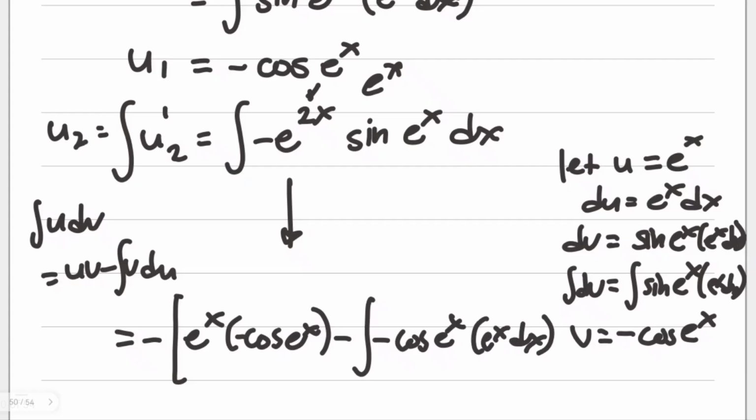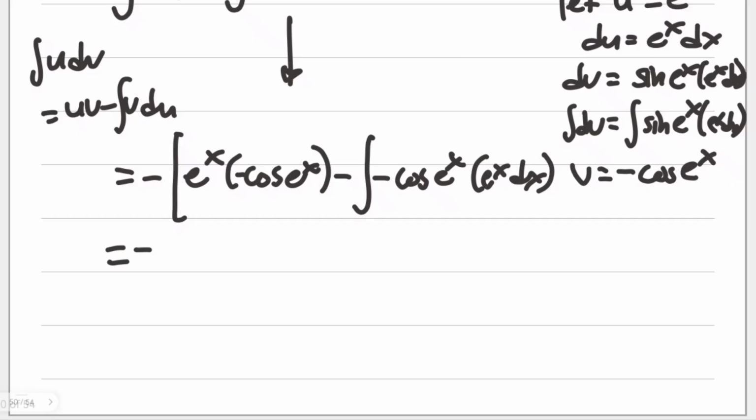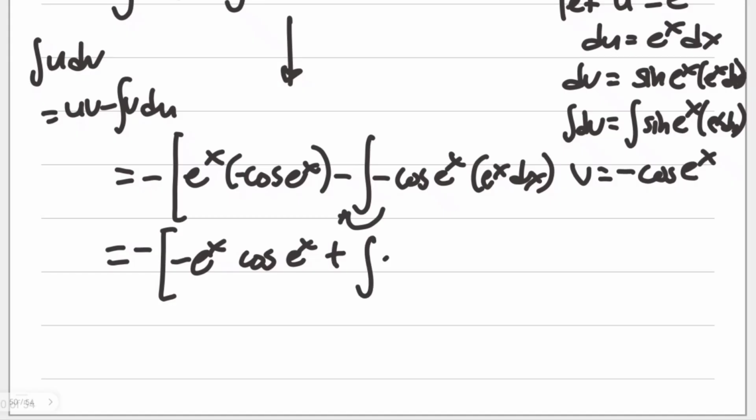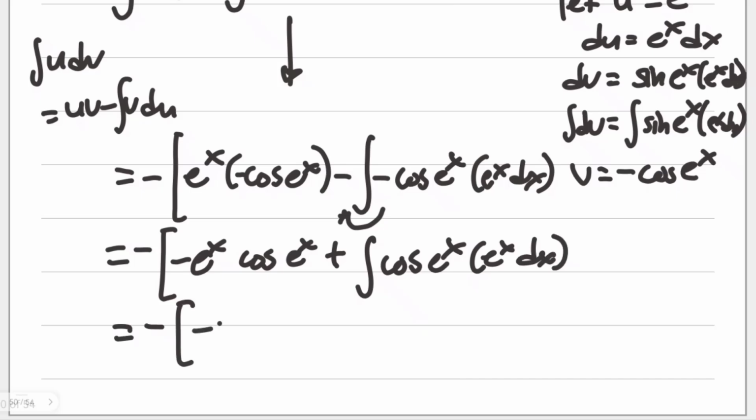Now, the negative of negative e to the power of x cosine e to the power of x, minus, or we move the negative here, so plus the integral of cosine e to the power of x, e to the power of x dx, which is just equal to negative e to the power of x cosine e to the power of x plus sine e to the power of x.